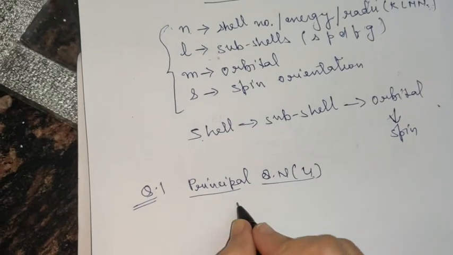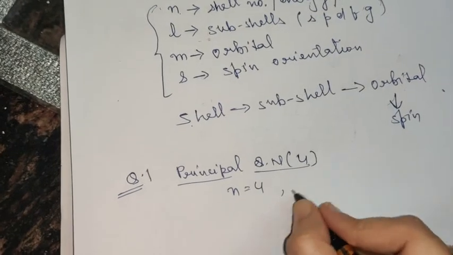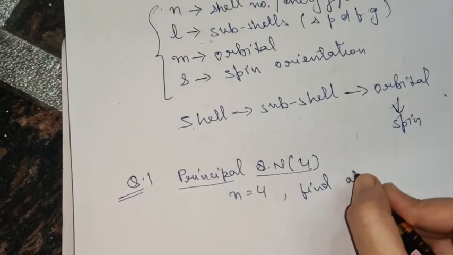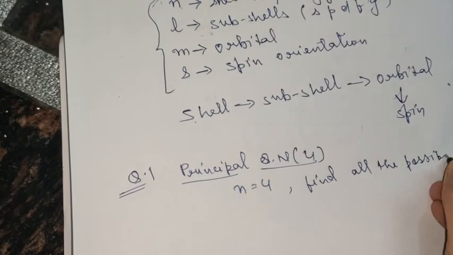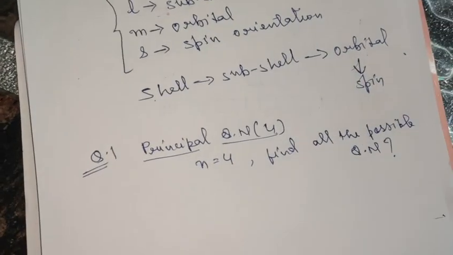Now you have to find out all the possible quantum numbers. So this is the question.